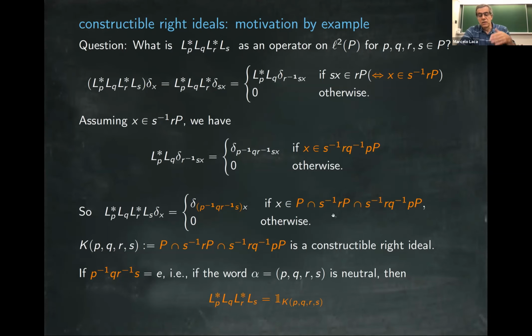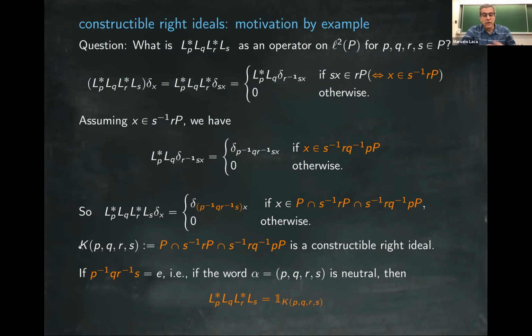And this set is implementing all those cutoffs. This is the initial cutoff. You start in P. This is the second one when you multiply by R inverse. And this is the last one. So this set emerges naturally when you multiply an alternating L star L product.